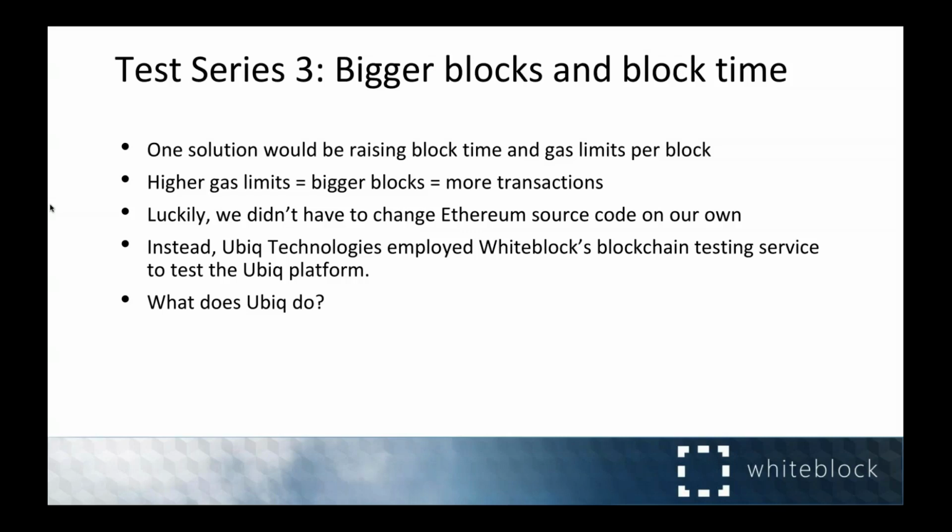There are going to be some trade-offs here, and there are going to be some implications. Luckily, we didn't really have to change the source code or anything like that because we were working with one of our clients, Vivit Technologies, a cryptocurrency that's similar to Ethereum.